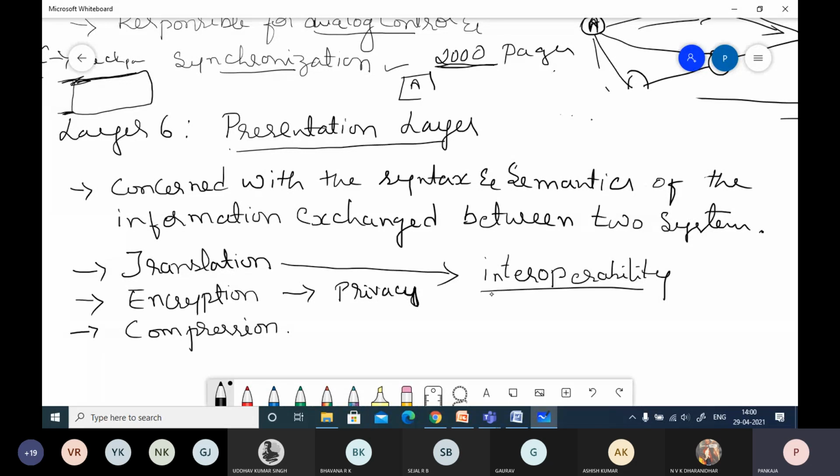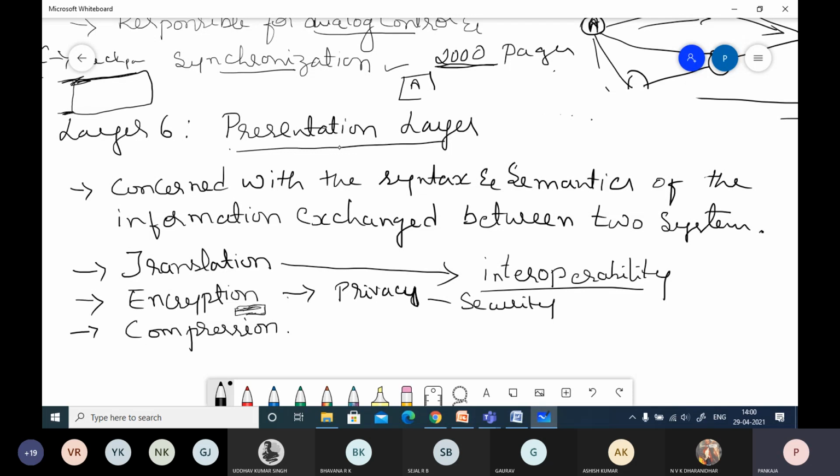So it has to encrypt the data. It comes under security. Encryption algorithms, how exactly it is done, and which algorithm or protocol is used, everything is taken care of by the presentation layer.